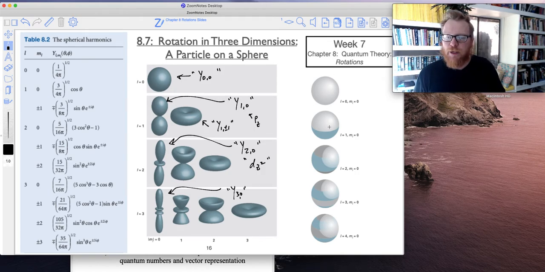So what we have in these pictures right here, these regions are showing you the angular nodes. So we've talked about nodes in the translational model. And as it turns out, we can call those radial nodes because those nodes appeared on the radius axis.